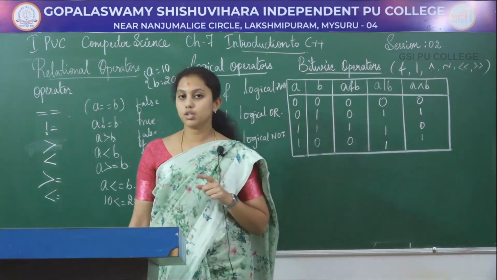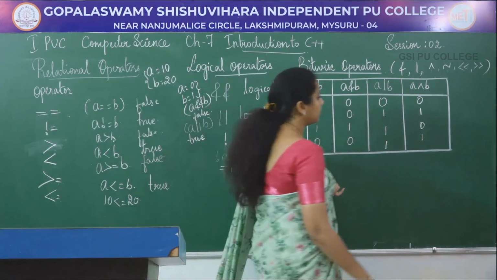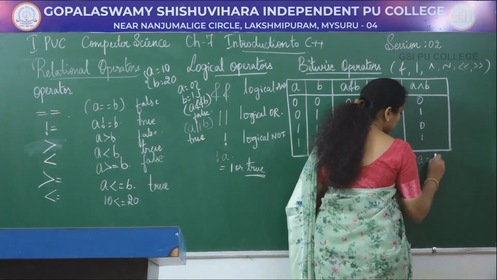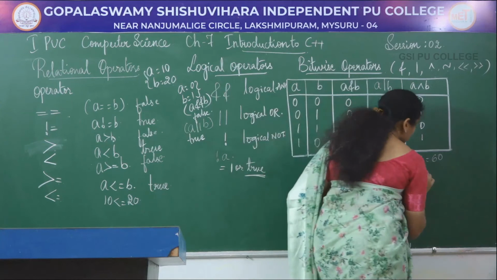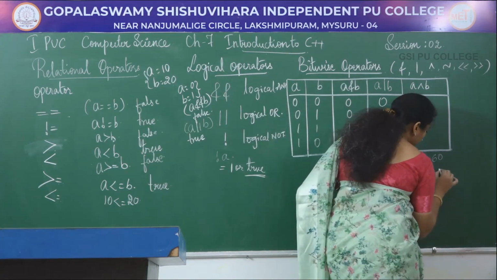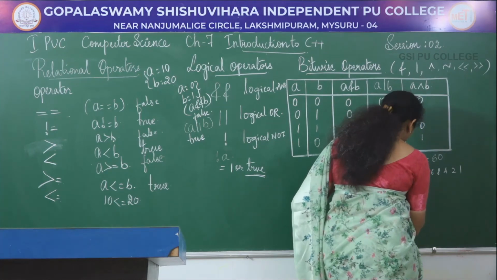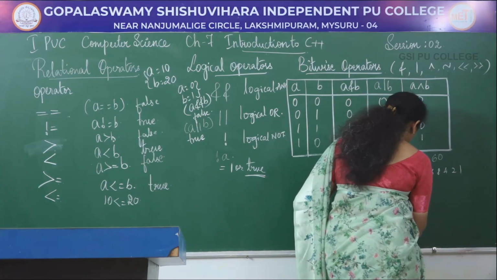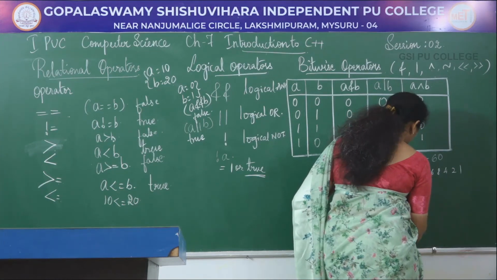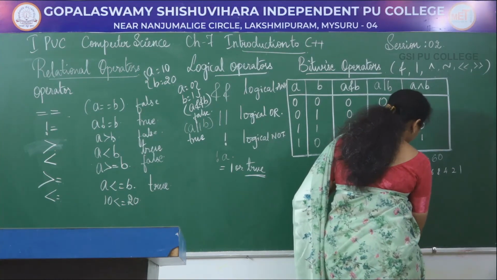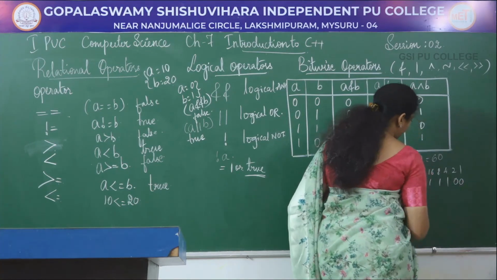So this is binary ones complement, which has the effect of flipping the bits. For example, if the value of A is 60, convert it into binary form. That is 32, 16, 8, 4, 2, 1 combination. 1, 1, 1, 1, 0, 0.